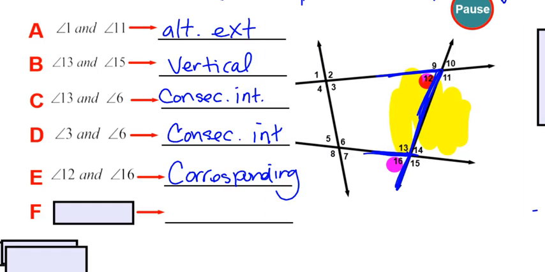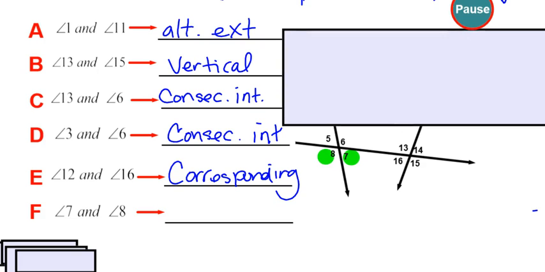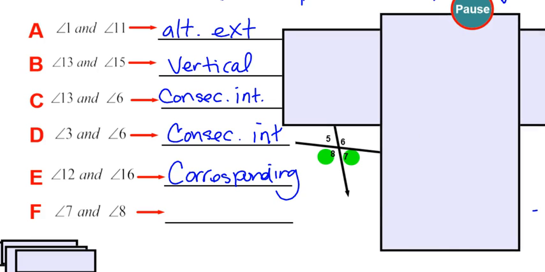And the last one that we have here is angle 7 and angle 8. And if I highlight angle 7, which is right there, and angle 8, which is right there, and cover up the part of the picture where I would only see those green dots, now I notice again, those are only in one little intersection. And if I trace those two angles, they don't make a special pair.